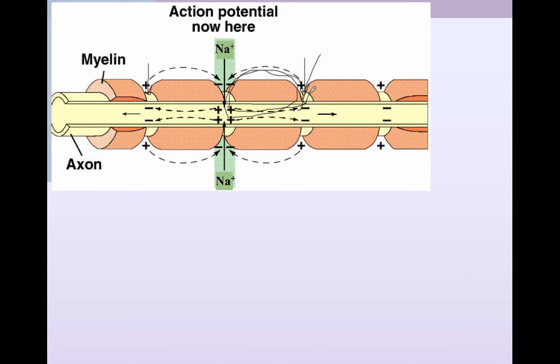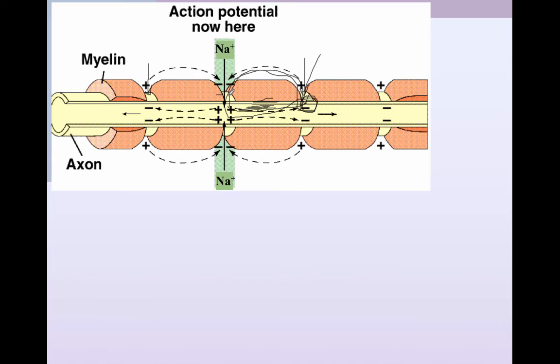And so not surprisingly, when we look at the membrane, we don't find many voltage-gated sodium channels here underneath the myelin, but we find more voltage-gated sodium channels and more voltage-gated potassium channels here at the node of Ranvier. And so that lets us create fewer action potentials to get from the trigger zone down to the synaptic buttons.